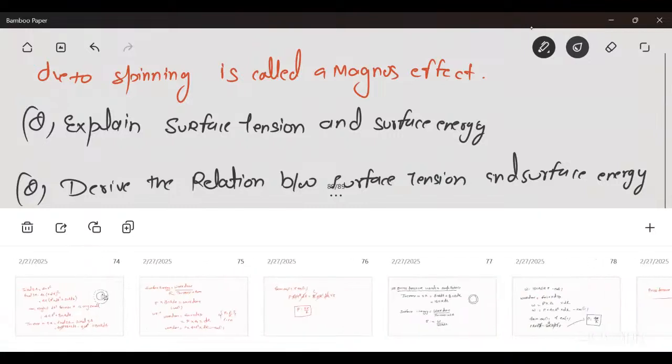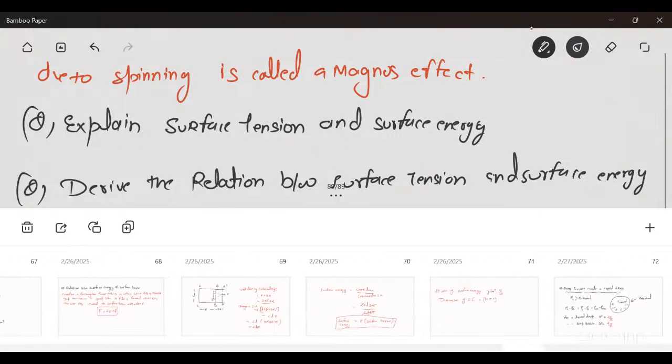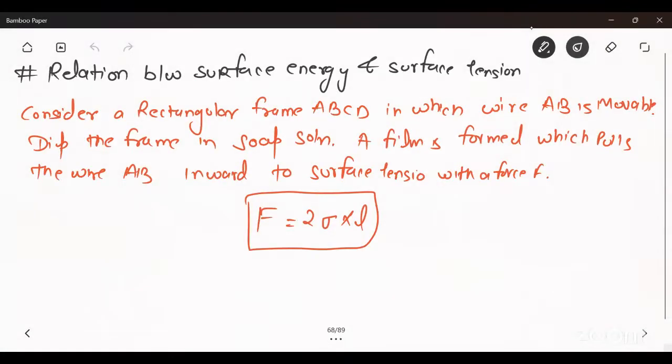So see the topic once again. Relation between the surface tension and surface energy. We consider a rectangular frame ABCD in which the wire AB is movable. When we dip that rectangular frame in the soap solution, a film is formed.